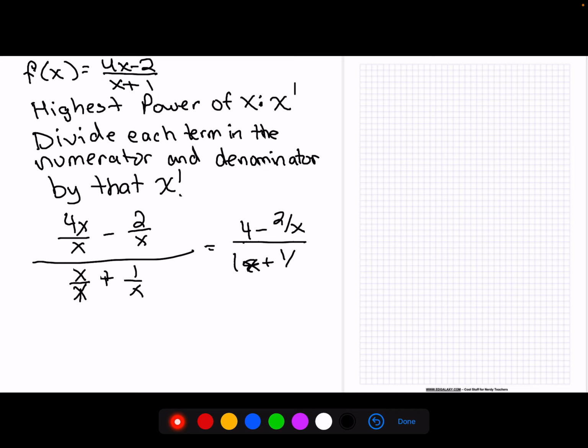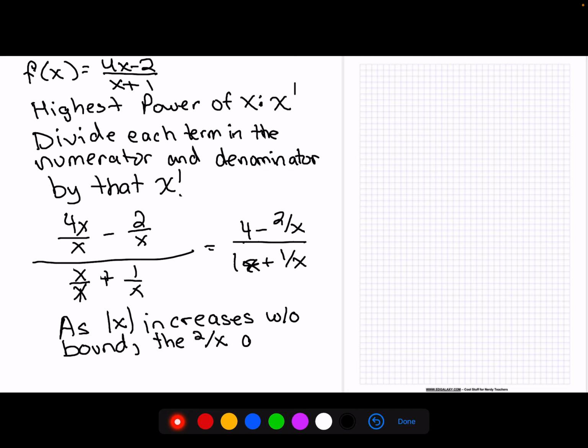So that'd be 1 plus 1 over x. Excuse me. As x increases without bound, the quotients, the 2 over x and 1 over x, approach 0.